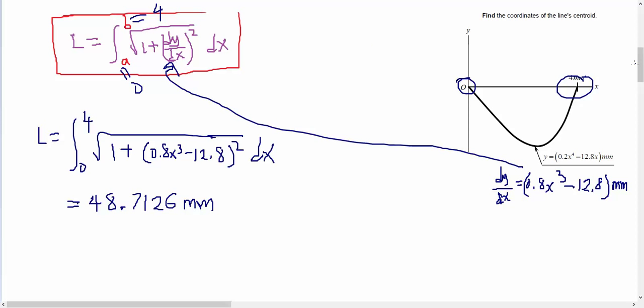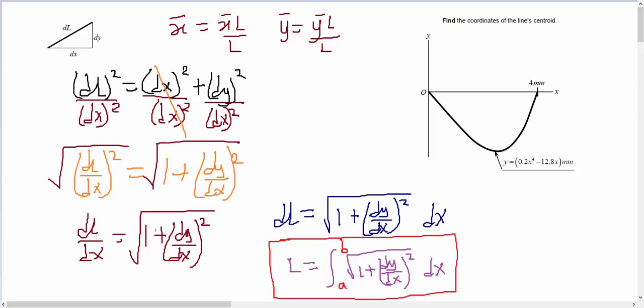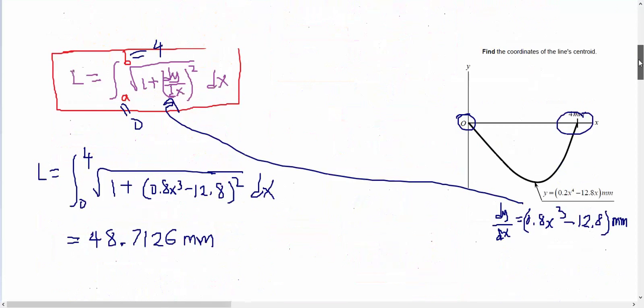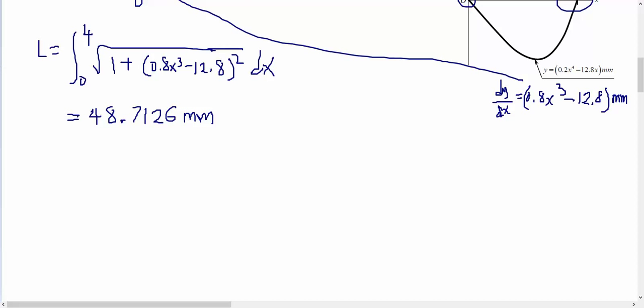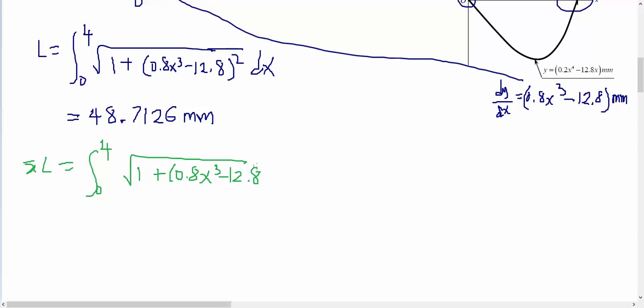Well, now we have the L. We need to find xL and yL. So for xL, that would be the integral of the same thing actually, from 0 to 4 of the square root of 1 plus (0.8x cubed minus 12.8) squared dx.